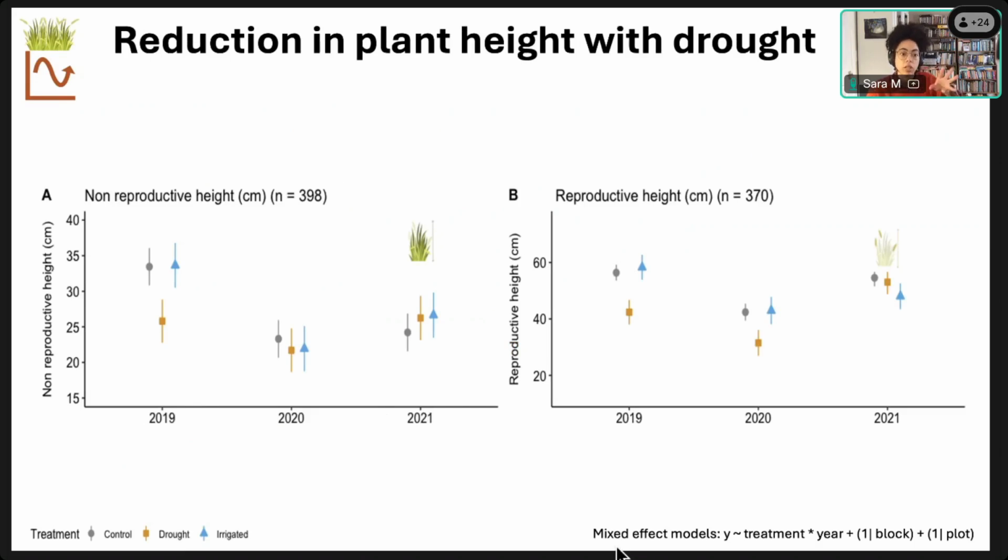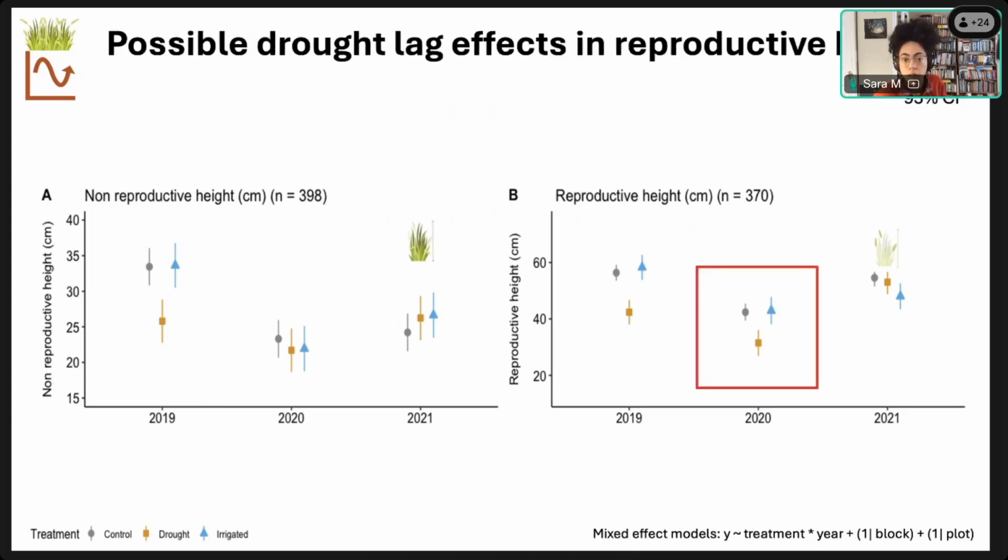Irrigated and control seem to have similar-ish responses. What I thought was very interesting for reproductive height is that there was a possible drought-like effect. It took a while to recover, an extra year longer than it did for non-reproductive height.